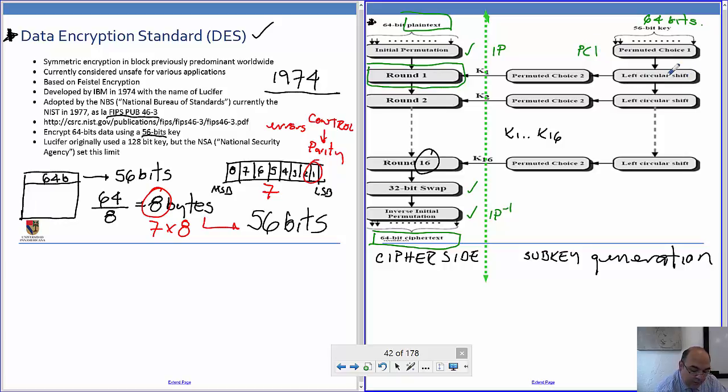Then we are going to do a left circular shift. So we are going to shift the bits to the left side in a circular manner. So we are not going to drop bits. The bits that fall off the left side will reappear on the right side. You get that idea?